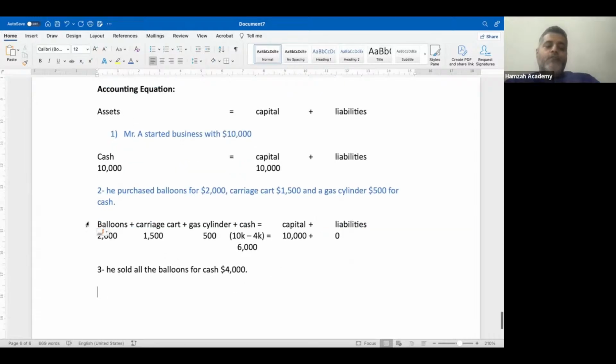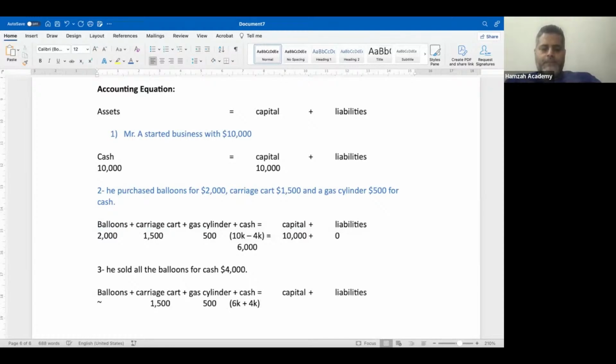Now, how will I show it? Balloons nil. Carriage cart 1,500. Gas cylinder 500. Cash 6,000 plus 4,000.